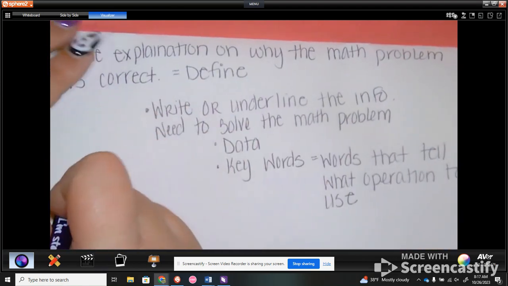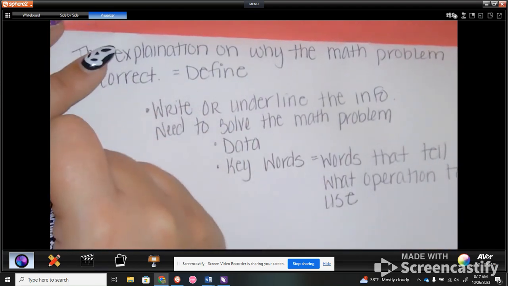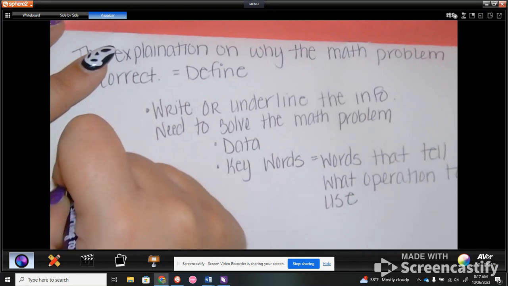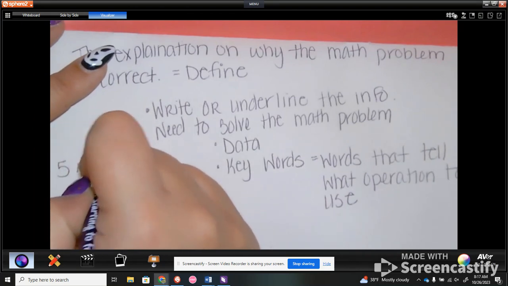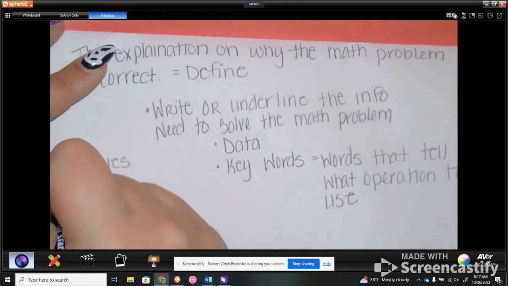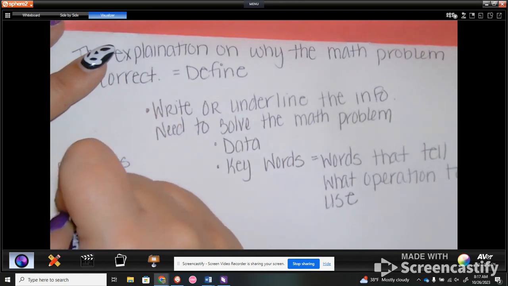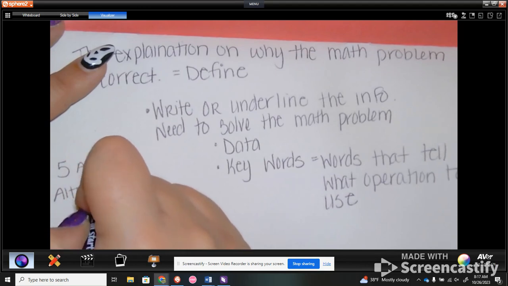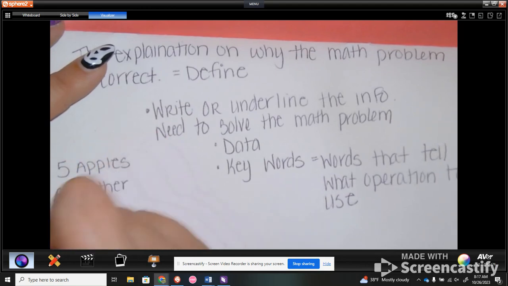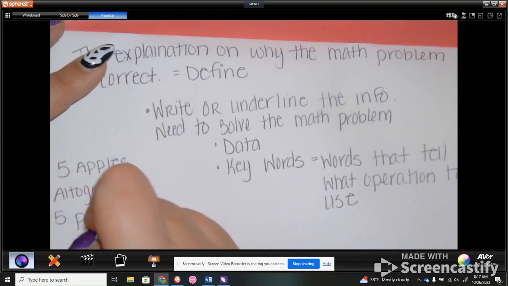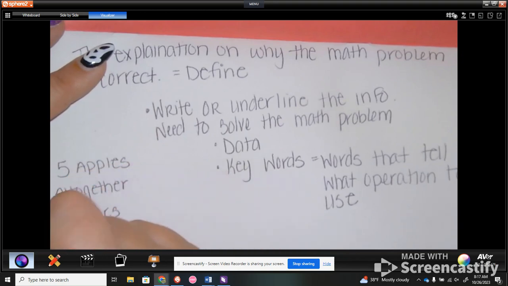So we may have written down 5 apples all together, five pears. Maybe we know that it happened on a Tuesday.